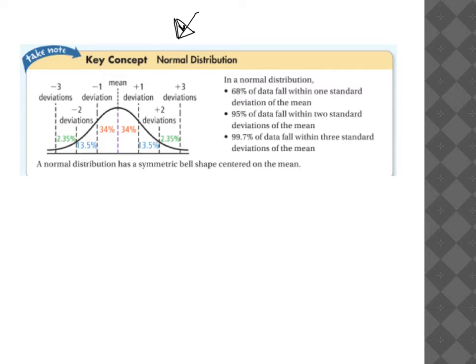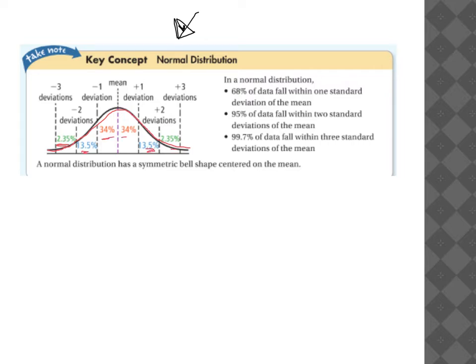In a normal distribution, we have what we call the bell curve, meaning that normal distribution goes up and down, just like you would see on a bell curve or like a hill. In a normal distribution, these percentages stay the same all across.